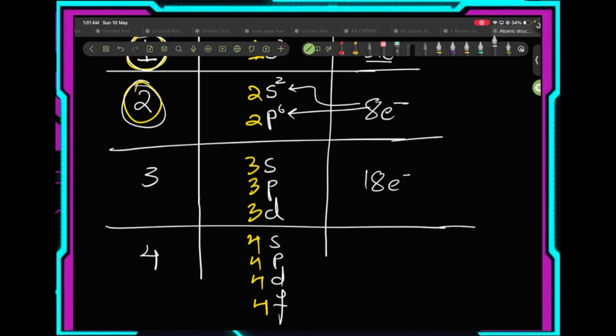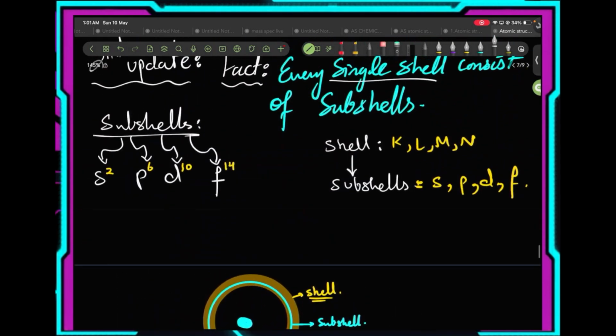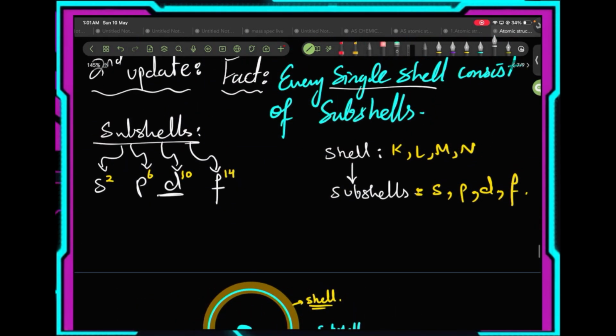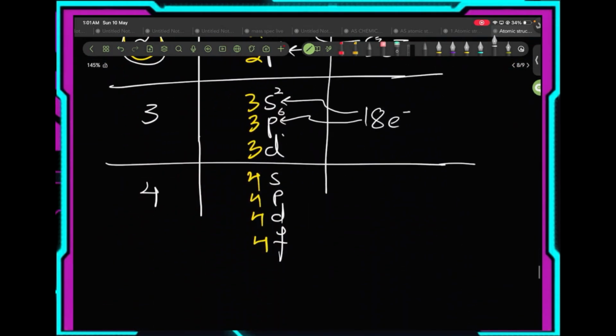So it needs 3 subshells. Why? Because out of these 18, 2 go over here. Then you have to move on to the next subshell. How many go over here? 6. You're done with 8 electrons. You're still left with 10. And can the D subshell accommodate the last 10 electrons? It can. So how many in total over here?